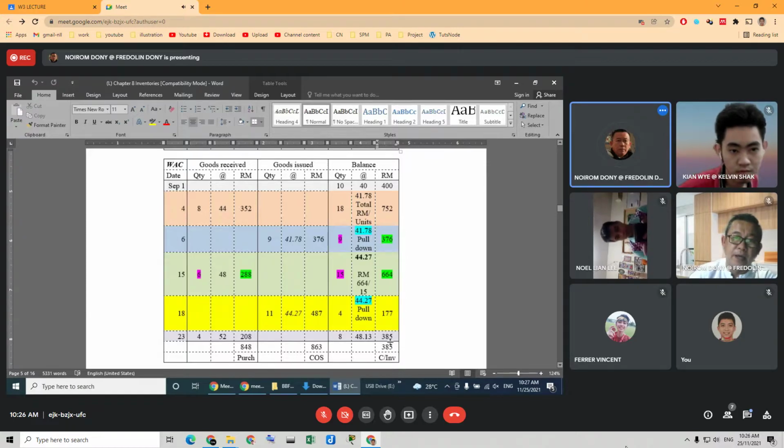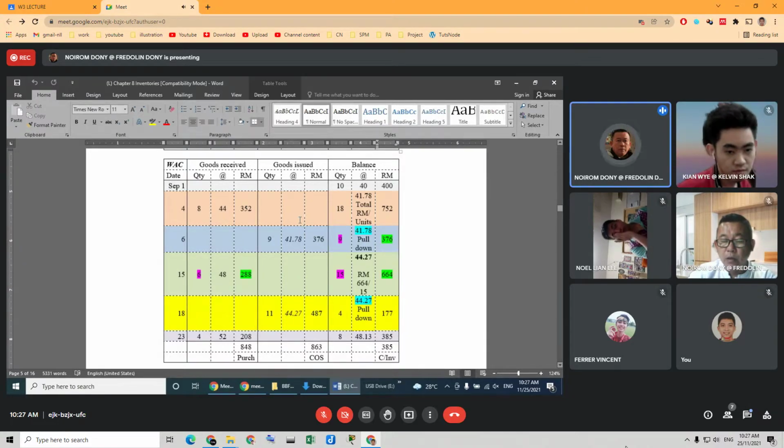Okay, for weighted average, we take the last row 385, and then the cost of sales will be 863. For inventory, you take the last column, the last row, but for cost of sales, you plus all the value column.